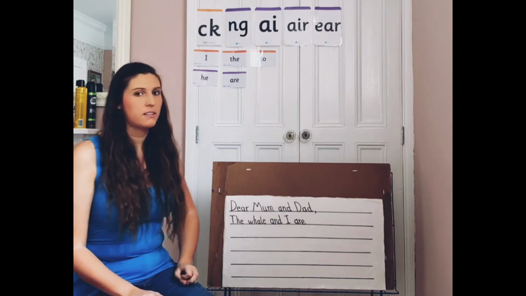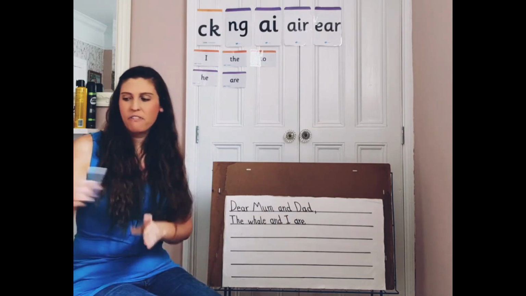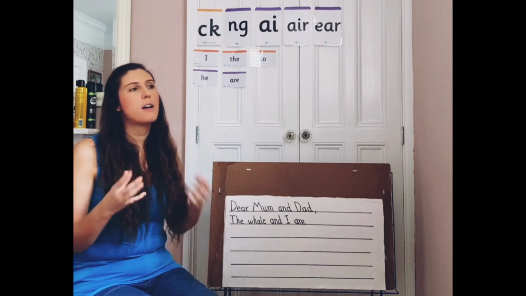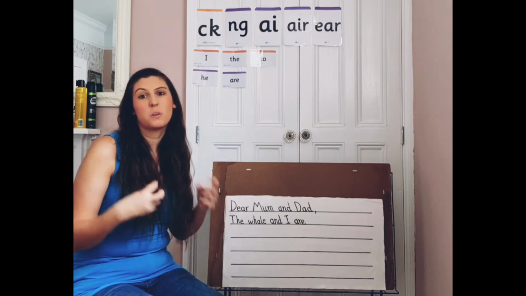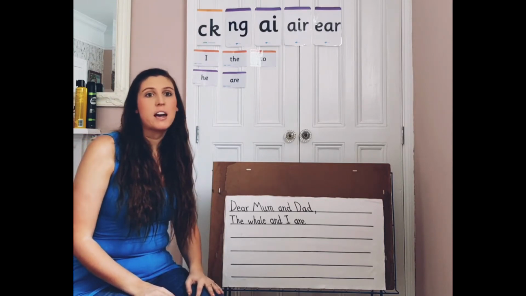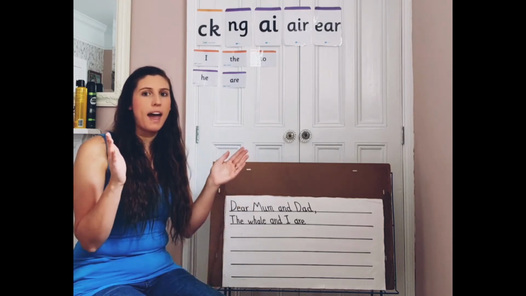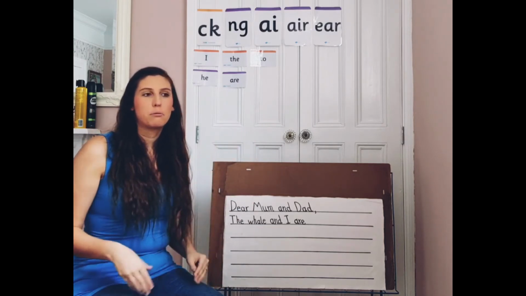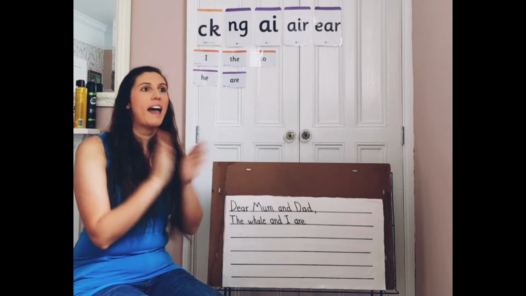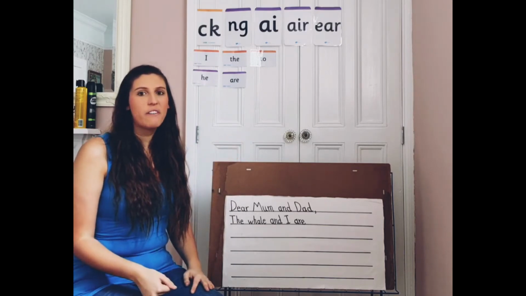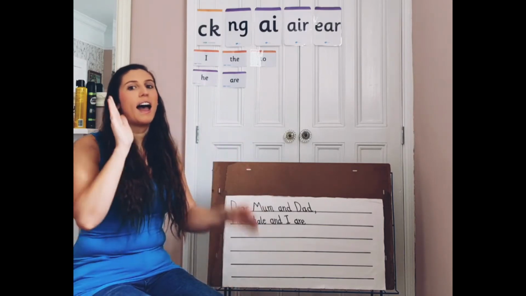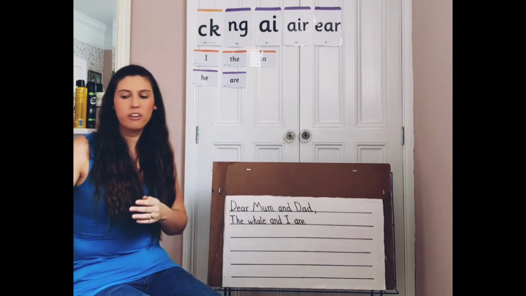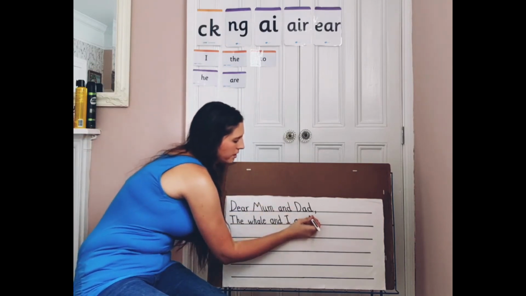Okay, so let's sound out having. Now, having has actually got 2 syllables in it, 2 bits to it. So we're going to split having up into 2 bits. We're going to clap it out. Having. We're breaking it up into the syllables. Having. So we're going to do have first. Have.